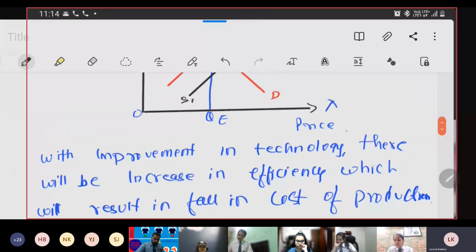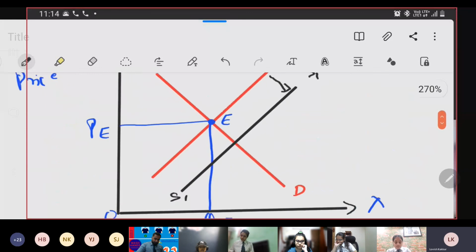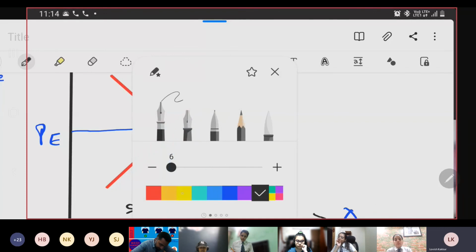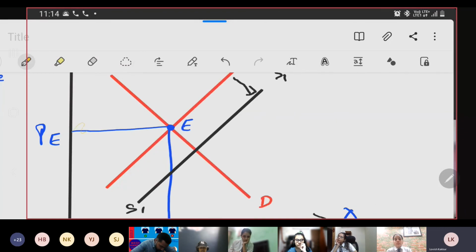This is the diagram. I'm zooming it. Just check now. At original price, this original price line is meeting the supply curve. At this point, this orange line, this is the supply part.